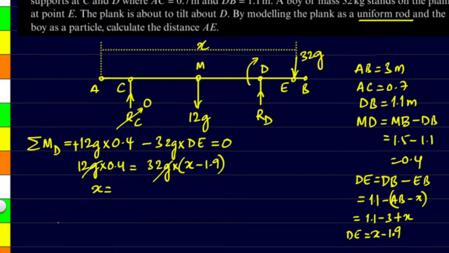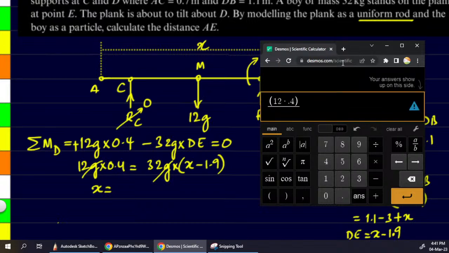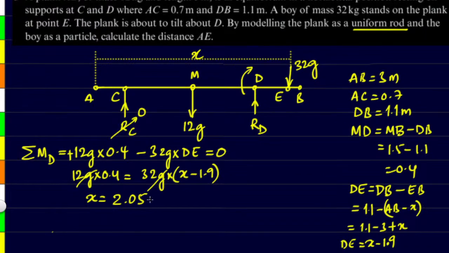So let's find the value of x. 12 into 0.4, this needs to be divided by 32, and then we have to add 1.9 to this, so 2.05, and all the distances are given in meters, so this will also be in meters. Okay. Yes.